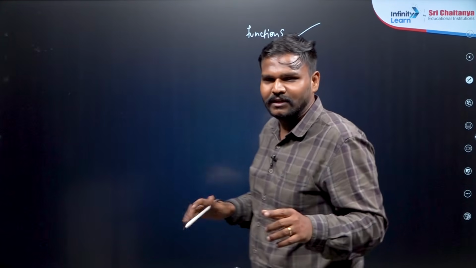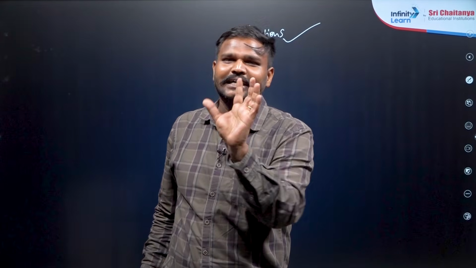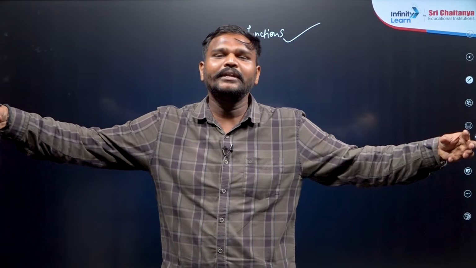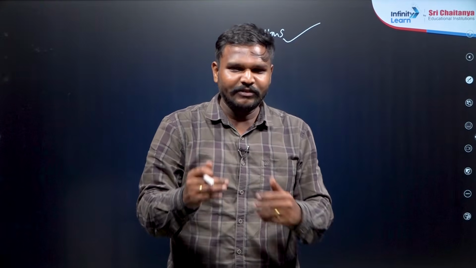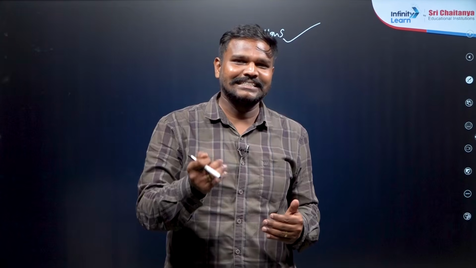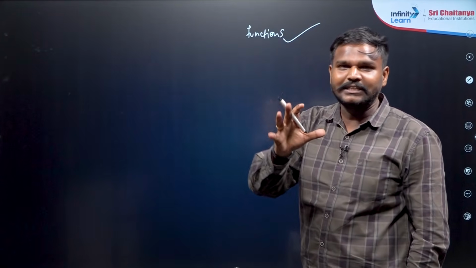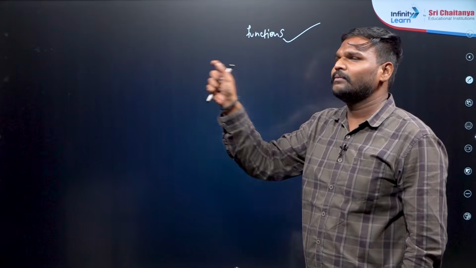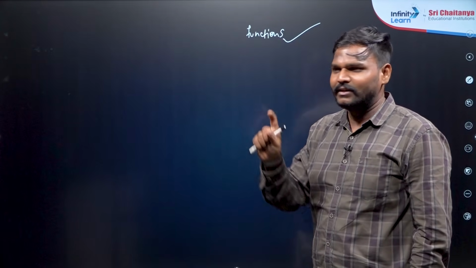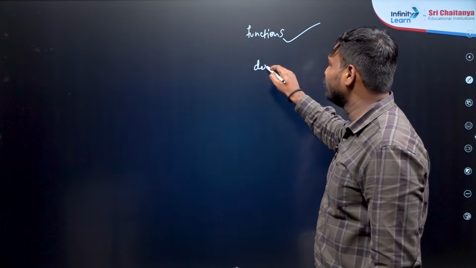Coming to calculus, a big rod, if we break it into small pieces, that is differentiation. All small pieces, if we join, that is integration. That we are going to do in the next video, next class, next lecture. Now, after that we have seen the terminology. If x is a variable, dx is nothing but the smallest element, smallest change. dy, smallest change. dy by dx is called the derivative.